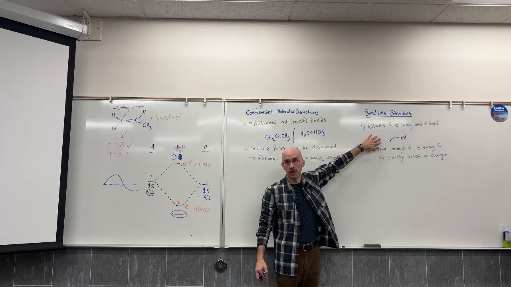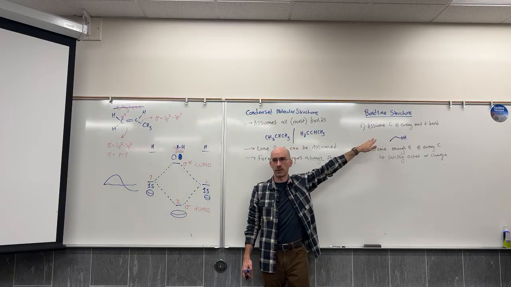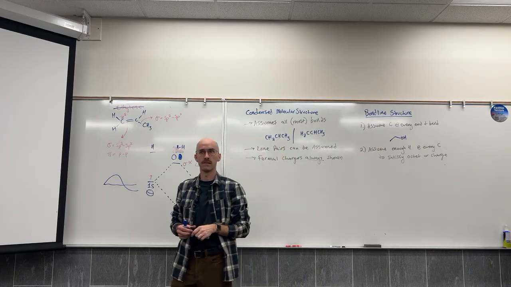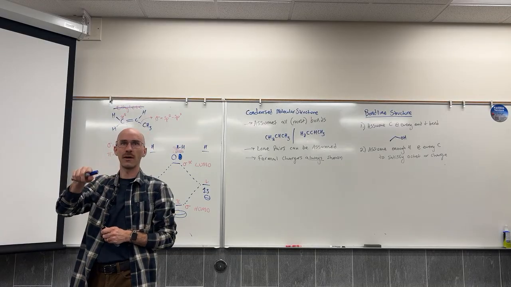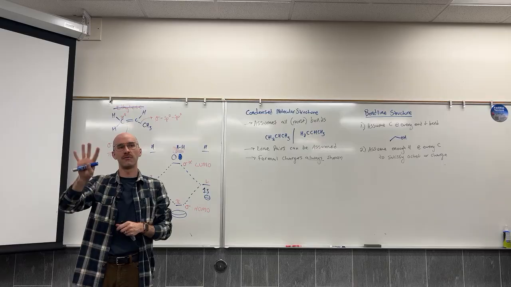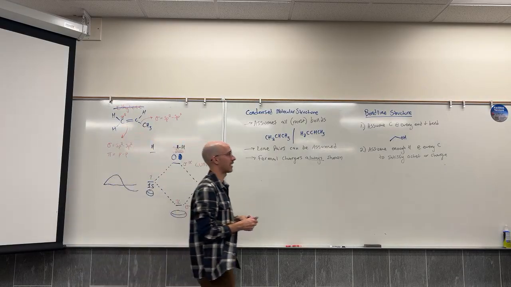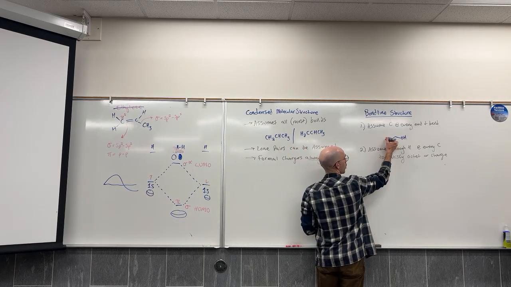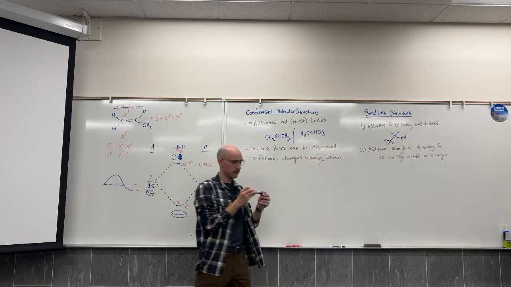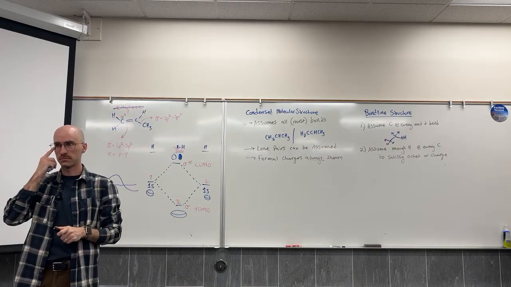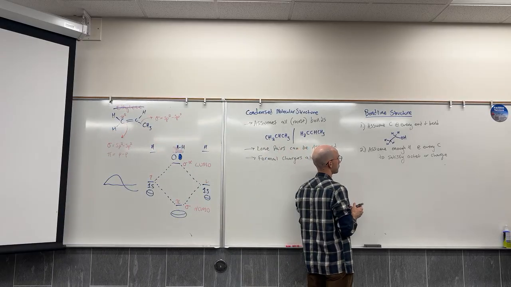Now, given that there are no charges shown here, how many hydrogens would be in this structure? 6, 7 with the oxygens. Oh, no, I'm sorry, 6 with oxygens, 5 attached to the carbons. So we want to satisfy the octet at carbon. There must be 3 more bonds on this end, and there must be 2 more bonds in that bend. Look at the bonds that are explicitly shown.